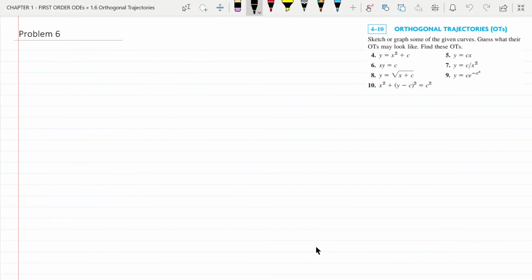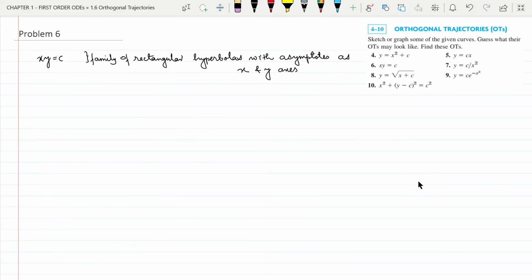Problem 6. The family of curves given is xy equal to c. This is the family of rectangular hyperbolas with asymptotes as x and y axis. Let's look at what the graph of this hyperbola looks like. In the xy plane, the hyperbola looks like this for c greater than 0.